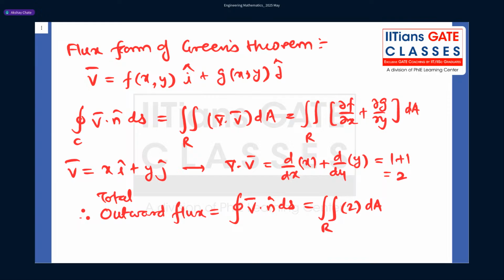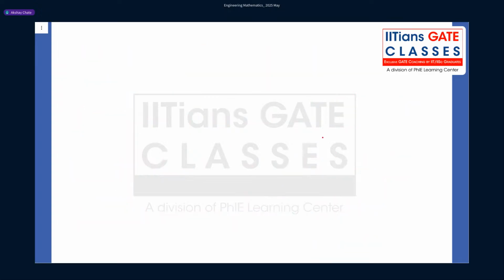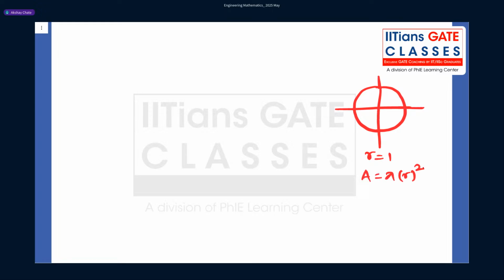So here it is a circle, right? So 2 comes out of the bracket, and this is just 2 into dA. Since our area of integration, or the boundary that we are studying, is a unit circle, r is equal to 1, so the area is pi r square, so the area is just pi because r is 1.